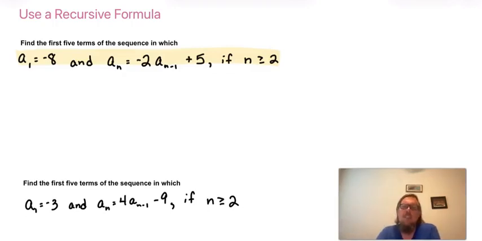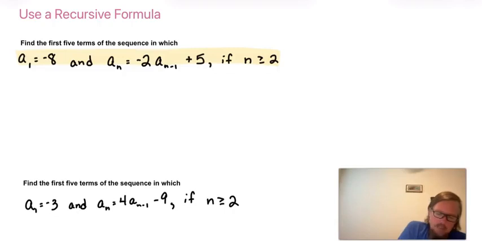An arithmetic sequence, we are adding or subtracting something every time. A geometric sequence, we are multiplying by something every time. A recursive formula could do one of these two things, but a recursive formula can also combine both multiplication and addition or subtraction. So let's look at the pieces of this recursive formula one at a time and talk about what they mean, and then we'll do what the question asks, which is to find the first five terms of the sequence.